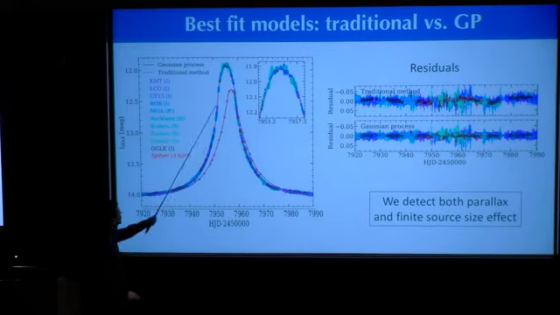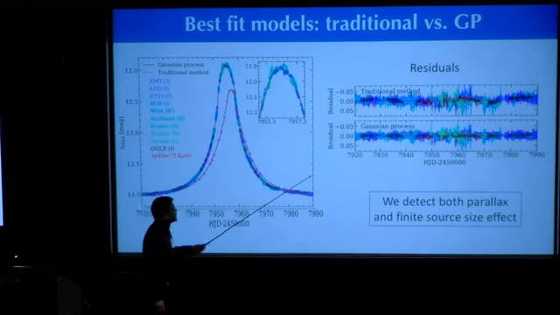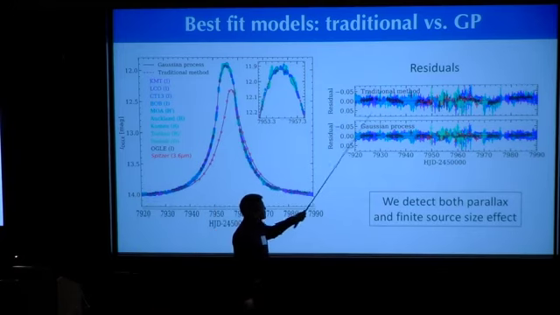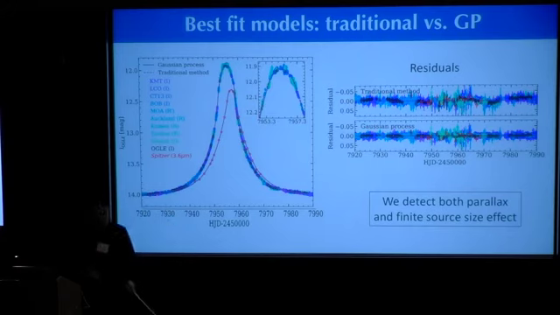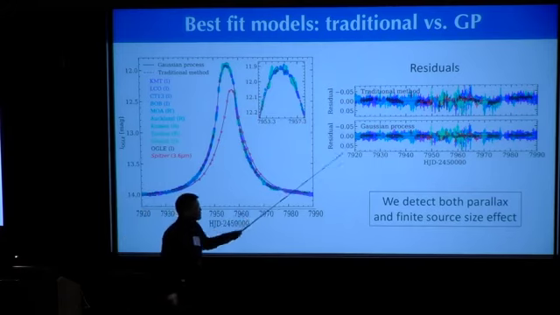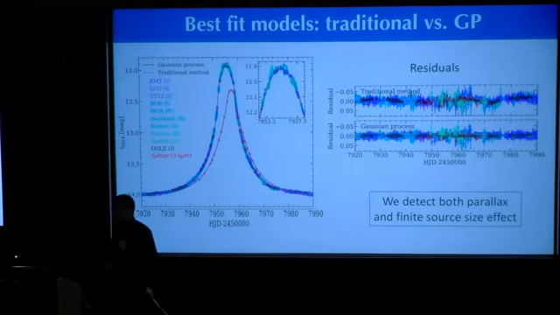The data points in red show the Spitzer data, and the ground-based data are shown in many different colors from different collaborations. The traditional method gives the residual shown here, and you can see clearly that there are still systematic trends. But once you take into account the Gaussian process, the residual shows no systematic trend. So in this event, we clearly detect both parallax and finite source size effect.